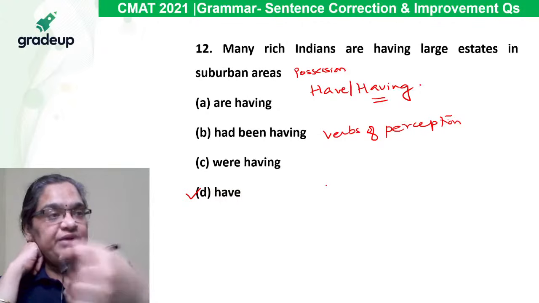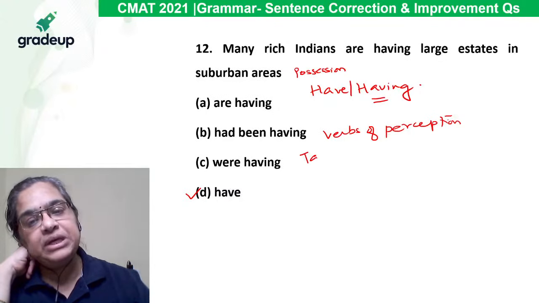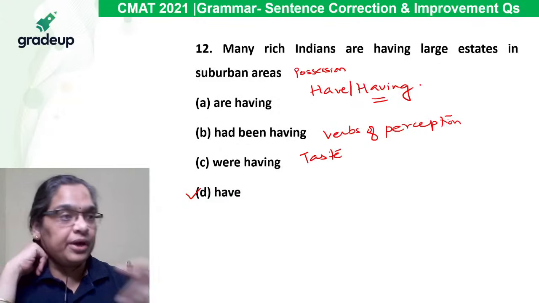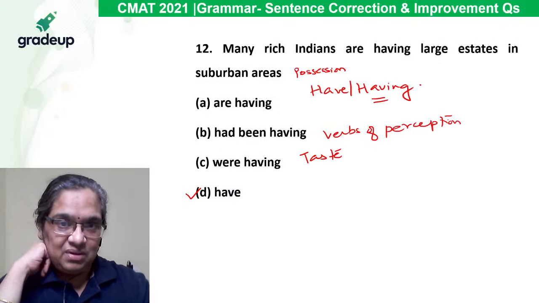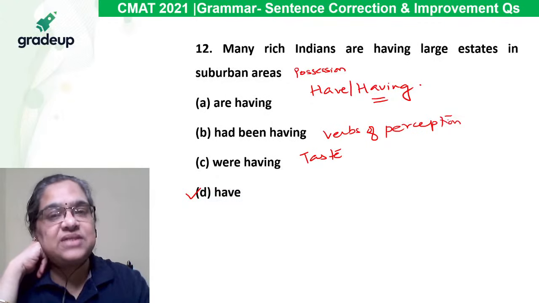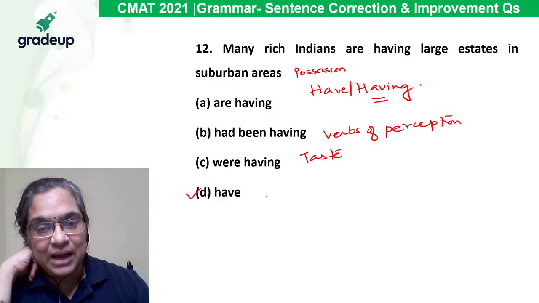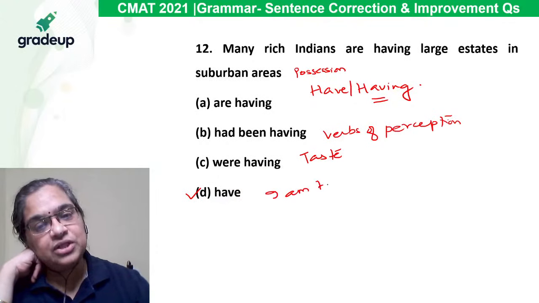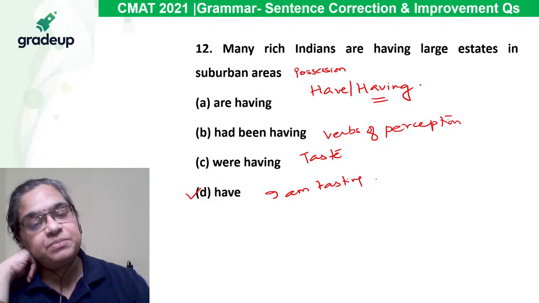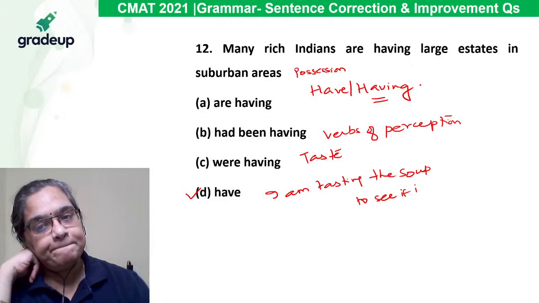Or when you comment about the taste of something, and this is again a very commonly asked question. The mango tastes sour, but you use the ing form if you are in the process of tasting, so I am tasting the soup to see if it is okay.